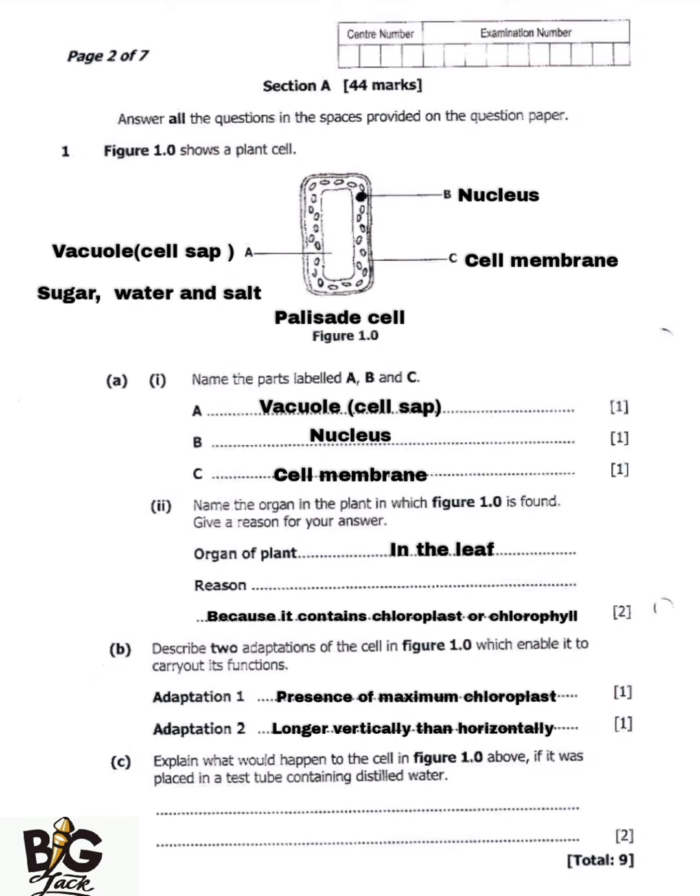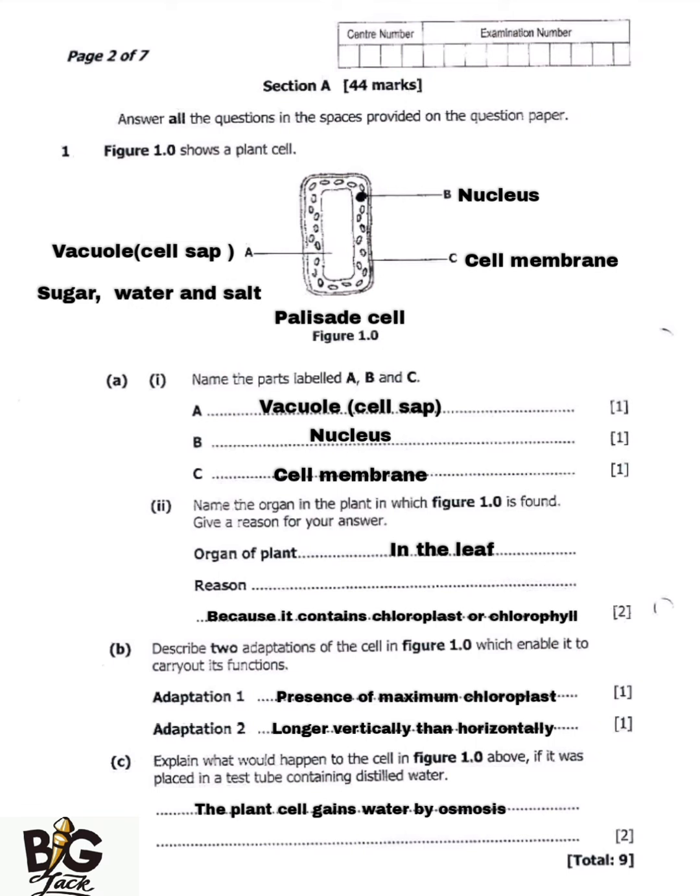Osmosis is the movement of water molecules from the region of lower concentration to the region of higher concentration through the selectively semi-permeable membrane. So here I'm going to say when we place a palisade cell in a test tube containing distilled water, the palisade cell is going to gain water by osmosis, or the water is going to move from the test tube entering the cell by osmosis.